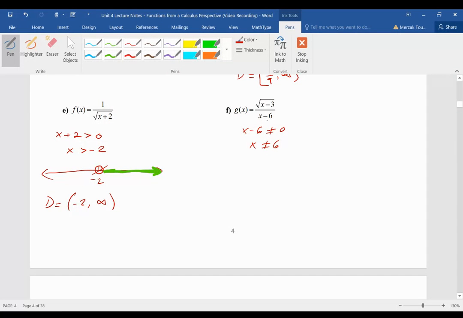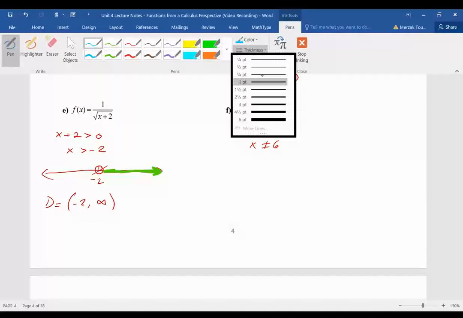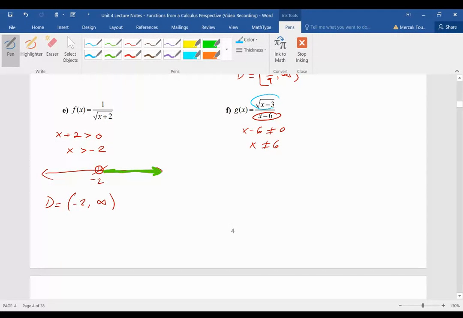That's in regards to the denominator. Now in regards to the numerator, the square root of x minus 3 is real as long as x minus 3 is positive or 0.